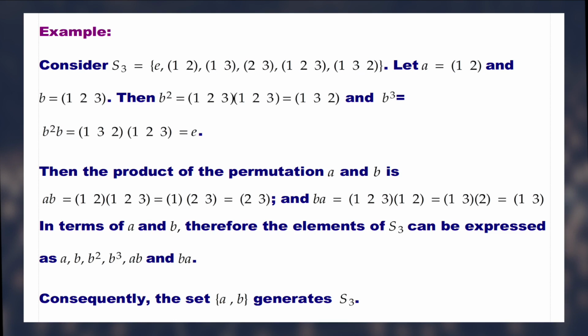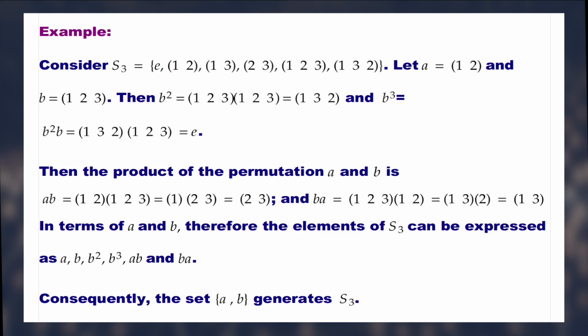Then the product of the permutations A and B is AB, equal to (1 2) times (1 2 3), which is equal to (1)(2 3), which is equal to (2 3). Now we will find BA, equal to (1 2 3) times (1 2), which is equal to (1 3)(2), which is equal to (1 3).